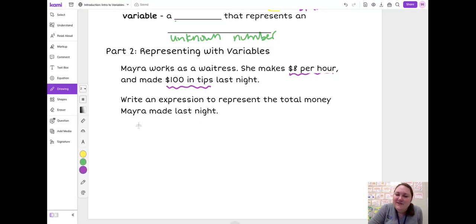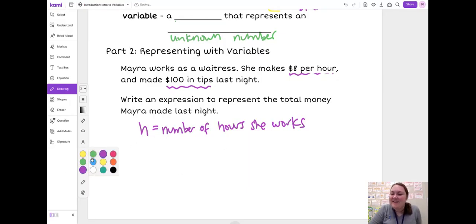So this time I'm going to use the letter H as my variable, and I will say H is going to represent the number of hours she works. And after I've got that, now I am good to write my expression.